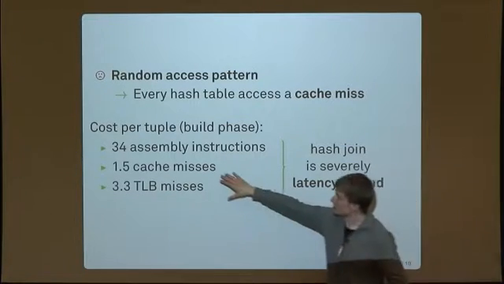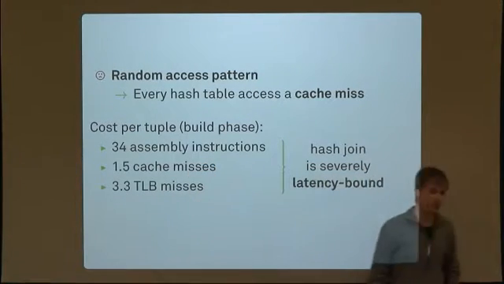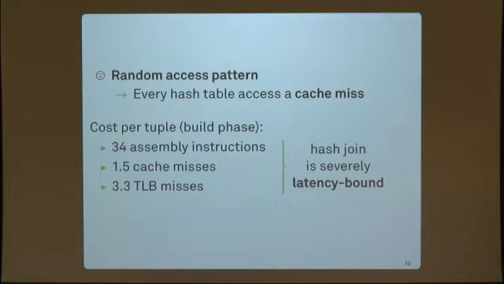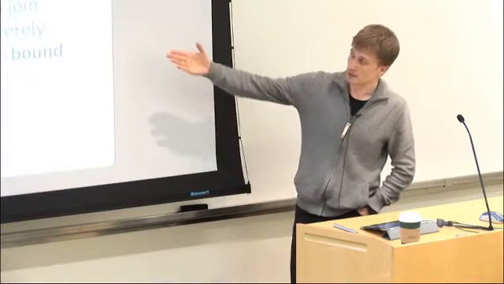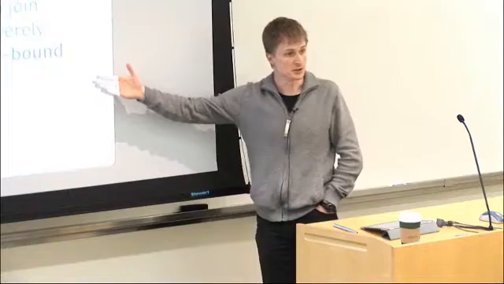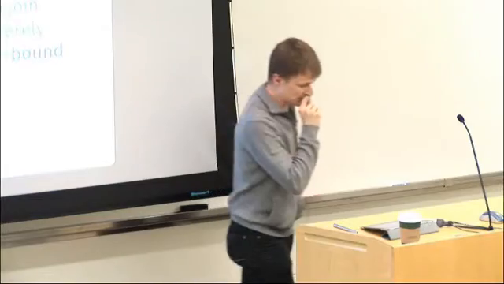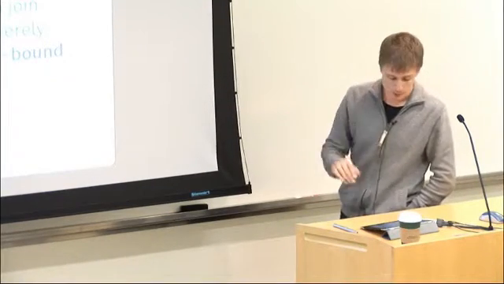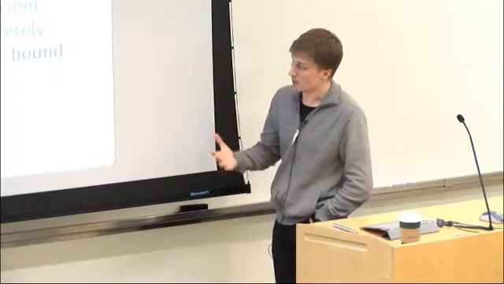So here, you're easily talking about 200 cycles or so, right? So in the end, you're going to be severely latency bound. All the cost you're measuring is those cache misses. And that's why we think that such an implementation on modern hardware won't make sense.